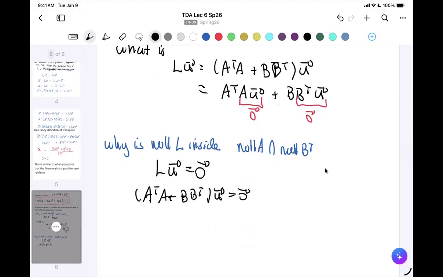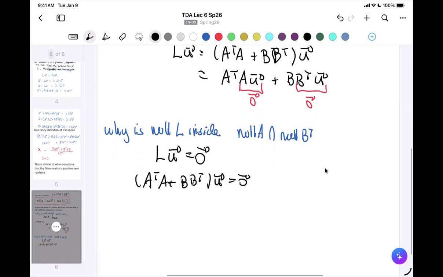Right? So you can distribute because matrix multiplication distributes over the sum, and let's move one of the factors to the other side. If you do this, you get that A transpose A times U is minus B transpose U. So you just distribute and move the second factor to the other side.